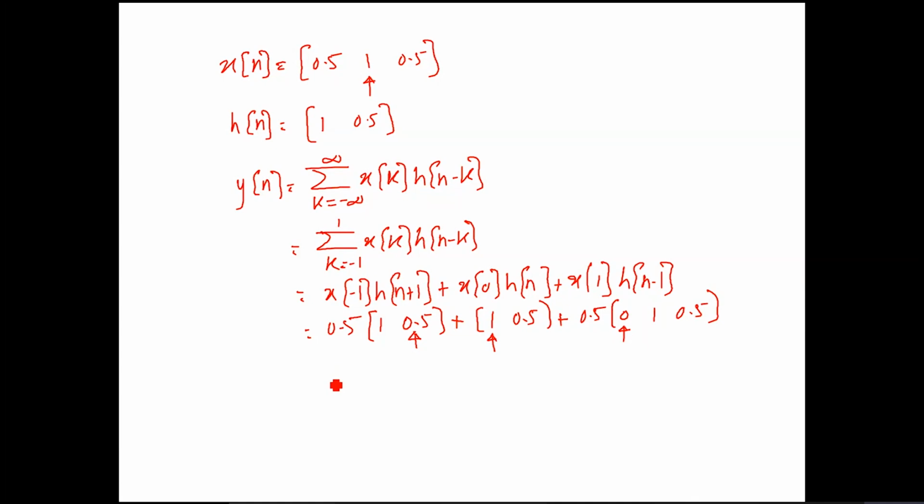So we can add all of them up and find the answer. First write everything as it is: 0.5, 0.25, plus the second part, where we have to align the arrows. This arrow was here, so this arrow will come right here, 0.5, and the last part would be 0, 0 and 0.